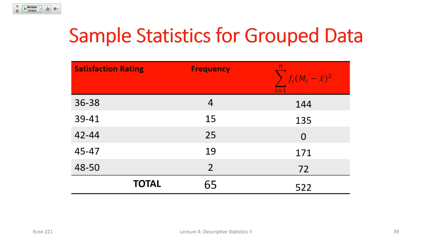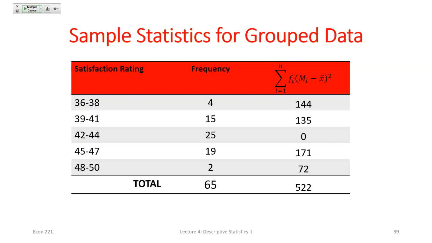Subtract the mean of 43, so 40 minus 43 is -3. Square that, I get 9. Multiply by its frequency of 15, 135. This middle one, the midpoint is 43 minus the mean of 43 gives me 0, squared is 0, multiplied by 25, well, anything times 0 is 0. Right? And so on and so forth.